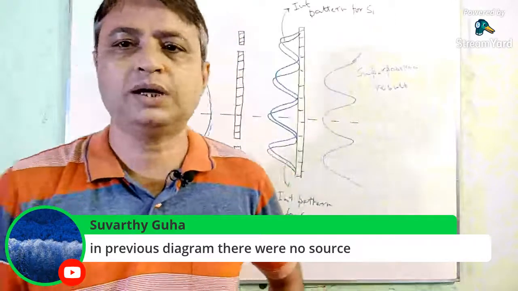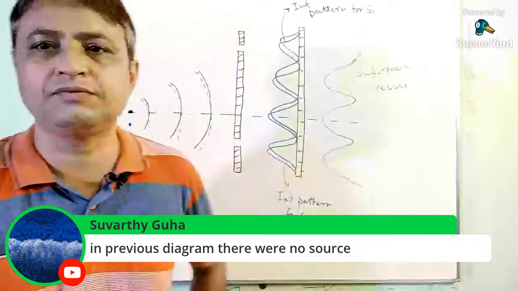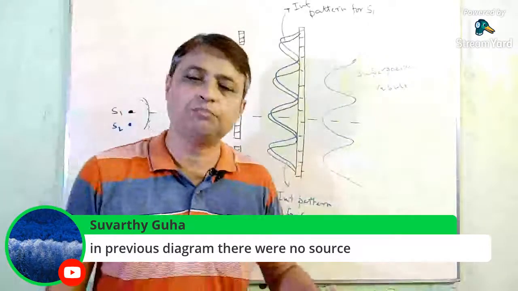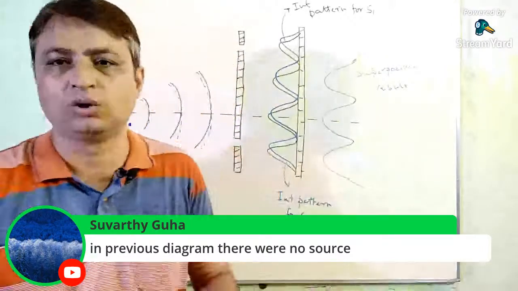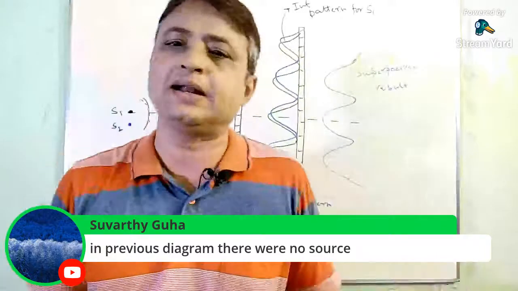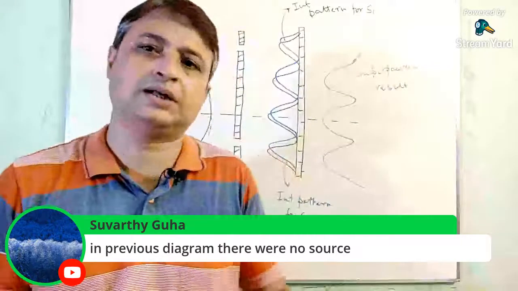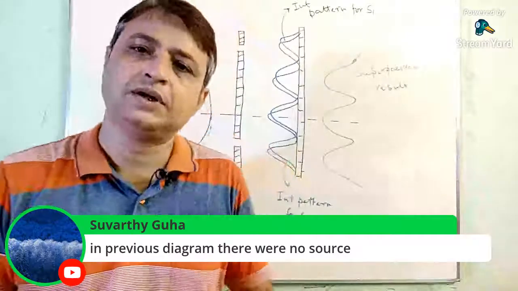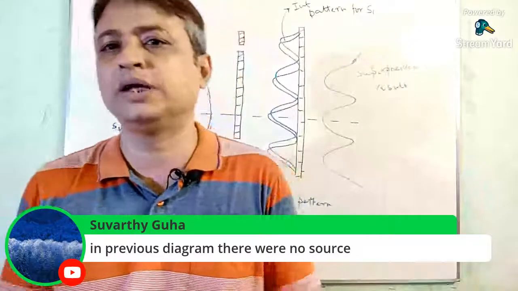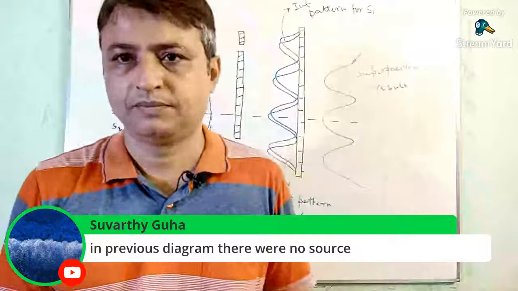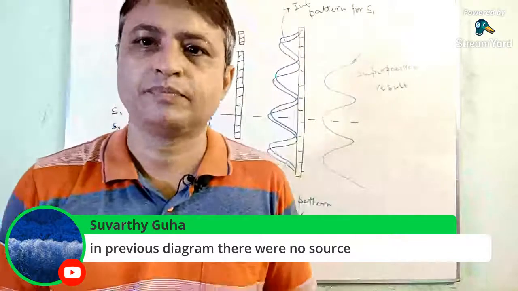So there is no mathematical derivation for the effect of temporal and spatial coherence in holography. These are the diagrams, and from these diagrams we explain the different effects of temporal and spatial coherence on holography.